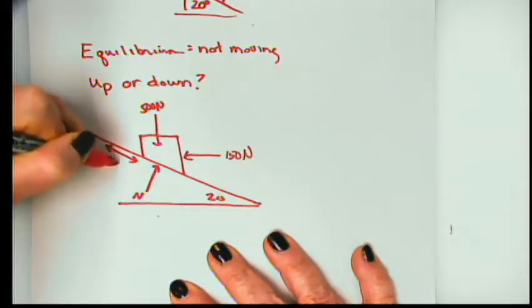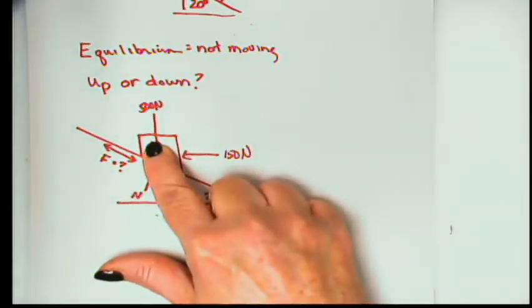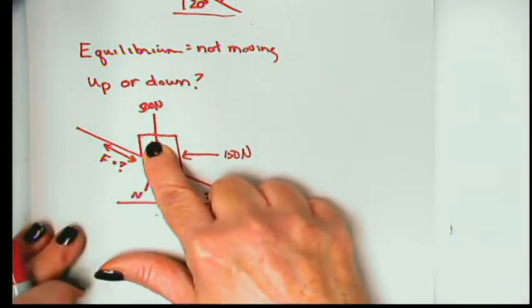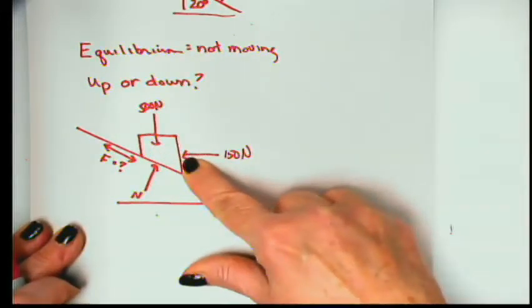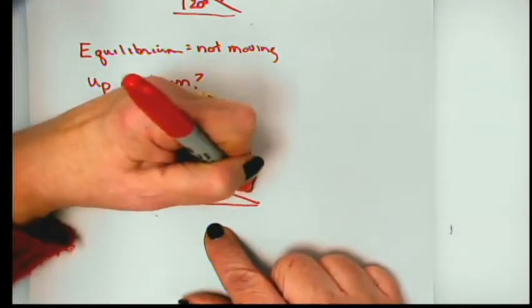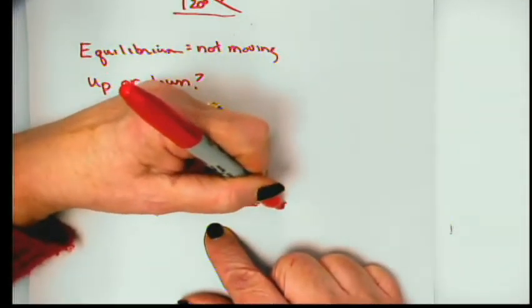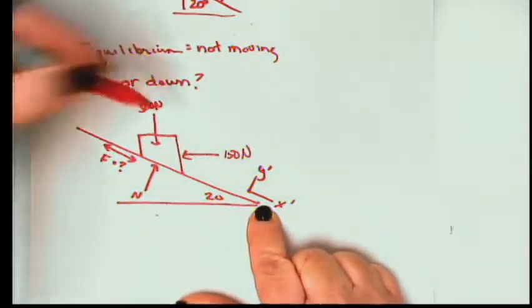We don't know which. The way that we're going to determine is: is the component of 500 newtons pushing it down the plane greater, or is the component of 150 pushing it up the plane greater? So let's just call these axes x bar and y bar in order to make that determination.